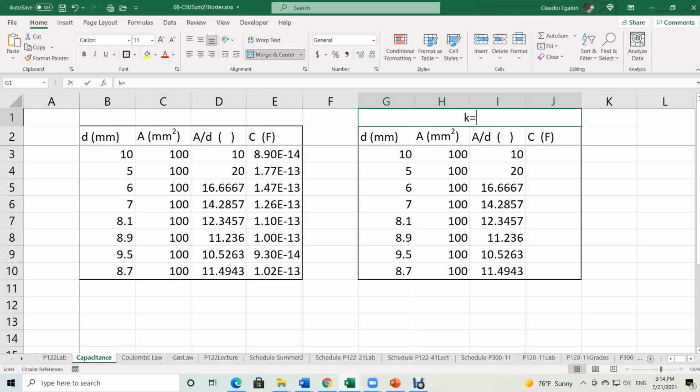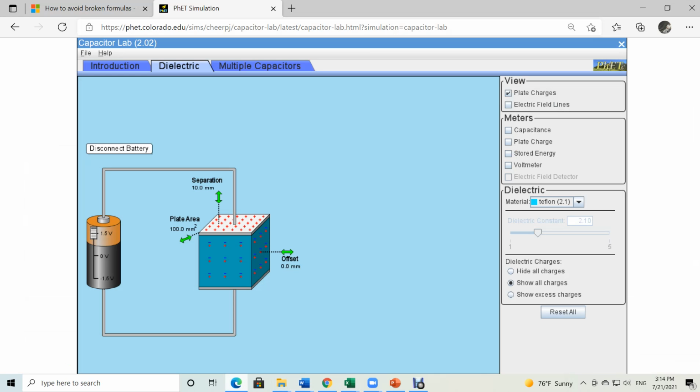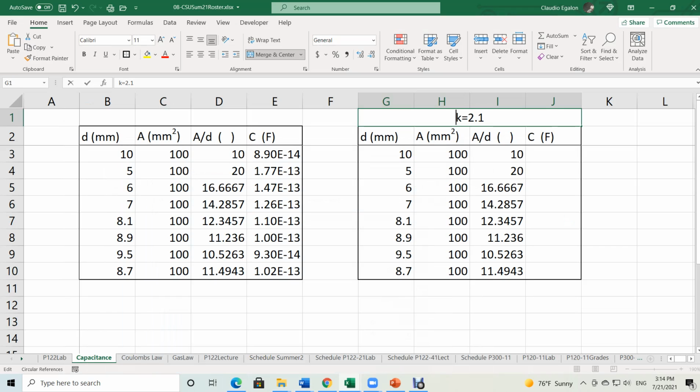Kappa equal Teflon, right? 2.1. What value did he put there? Yeah, 2.1. That's good. Don't forget this is Kappa. This is supposed to be a Greek letter. Here you go, Kappa.